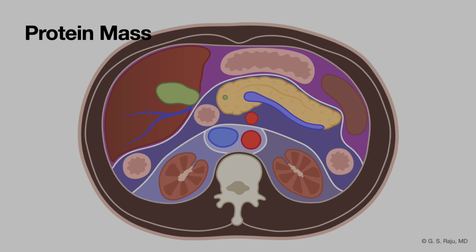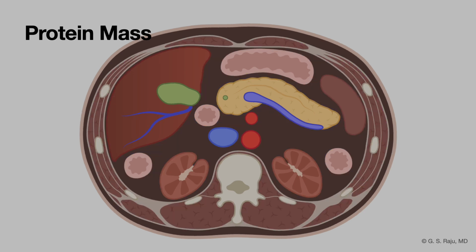Whenever you're looking at a CT scan and you're focusing on different organs, take advantage of what else the CT scan can offer, and it can actually give you a fairly good idea whether the patient is sarcopenic or not in terms of the protein mass, whether they are protein energy deficient or not.